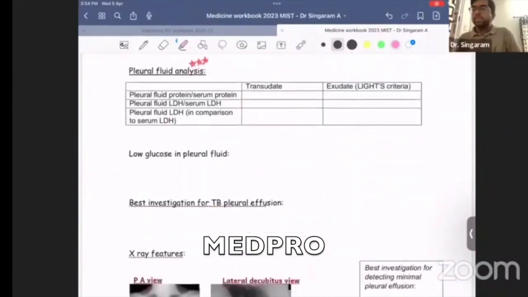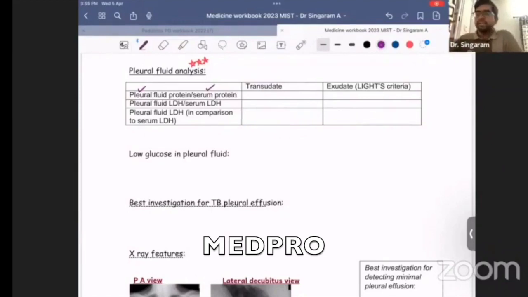The amount of pleural fluid protein will be increased in case of exudative pleural effusion. We will compare this pleural fluid protein with the serum protein. Normally, the amount of pleural fluid protein is less than half of the serum protein. Or in other words, normally it is 50% or less than 50% of serum protein.